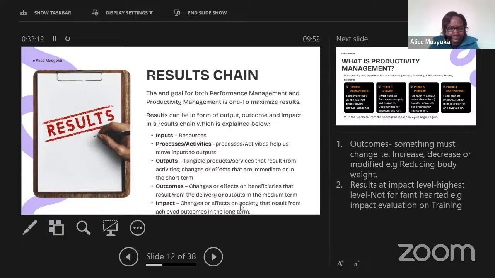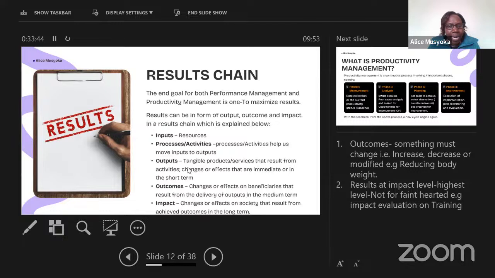Then we come to outcomes. And if you realize from top to bottom, the importance is increasing as we move to the bottom. Or rather, we are starting from the lower level to the higher level. We are starting from the lower level of mere inputs. And then when processing is done or activities take place, the inputs are converted to outputs.